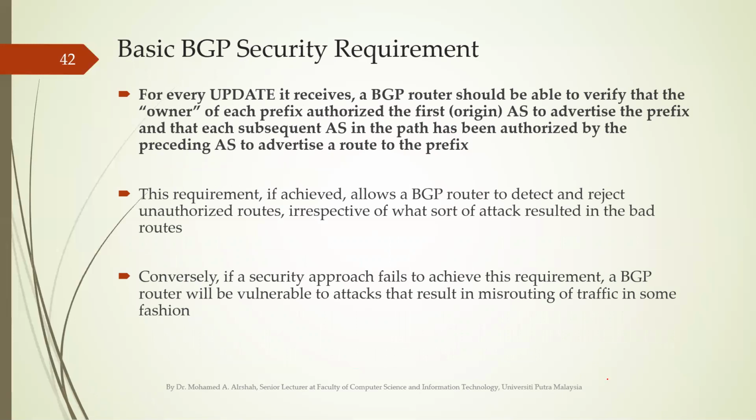Basic BGP security requirements: for every update it receives, a BGP router should be able to verify that the owner of each prefix authorized the first origin autonomous system to advertise the prefix, and that each subsequent autonomous system in the path has been authorized by the preceding autonomous system to advertise a route to the prefix.